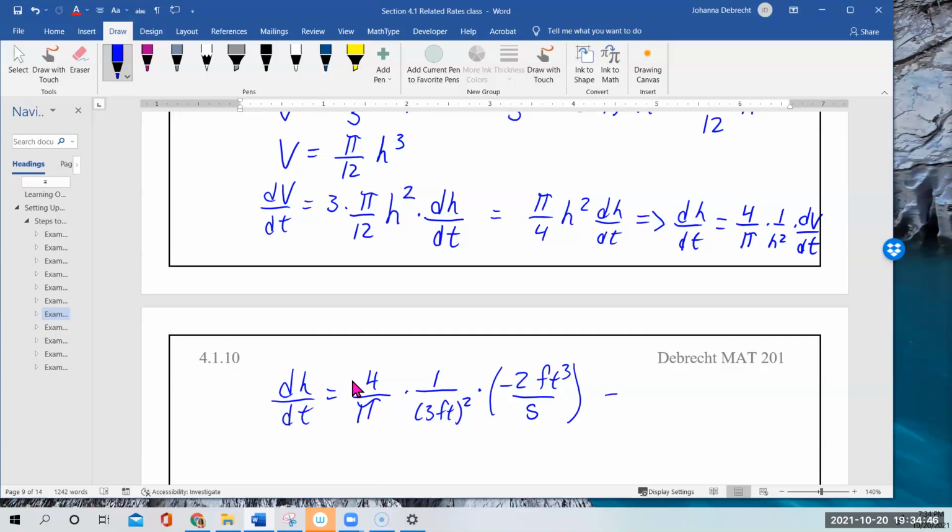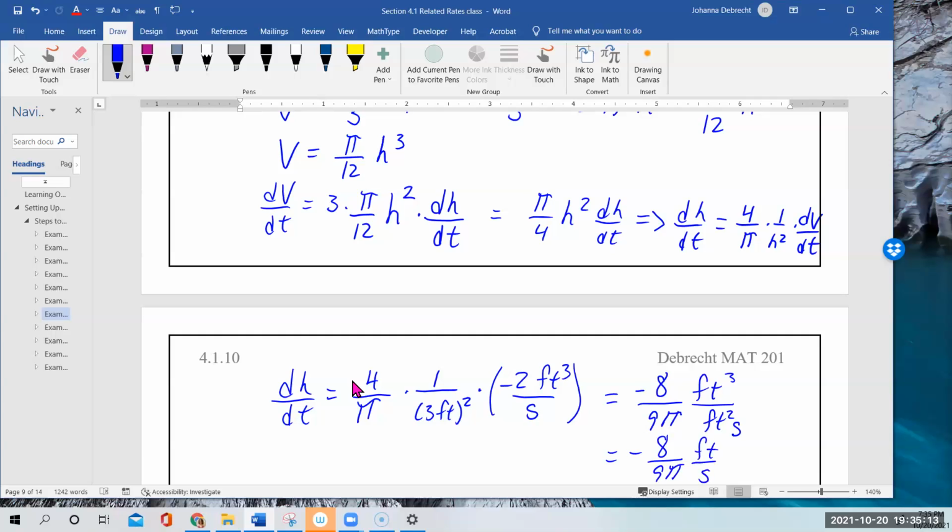When I work out the arithmetic, I end up with -8 over 9 pi, cubic feet over feet squared times seconds. Since I've got feet squared on the bottom, it cancels 2 of the 3 feet on top, and I end up with -8 over 9 pi feet per second.